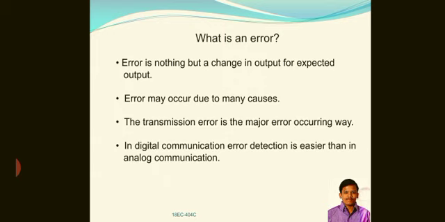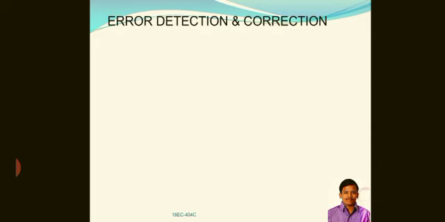The detection of noise or error will be easy in digital communication compared to analog communication, because in digital communication we transmit data in the form of only zeros and ones, which has only two or finite values, whereas in analog communication the data is transmitted with an infinite number of values. That's why error detection will be easy in digital communication.